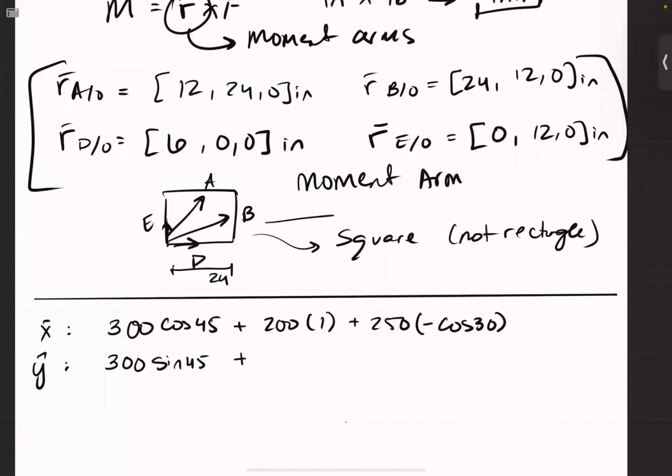Plus a 151 in the j direction, plus 250 negative sine of 30, and plus 0 for both of those for the vectors that were equal to 0.